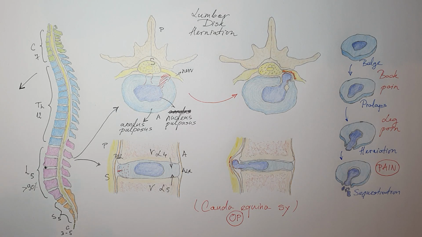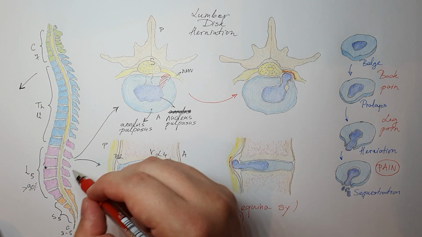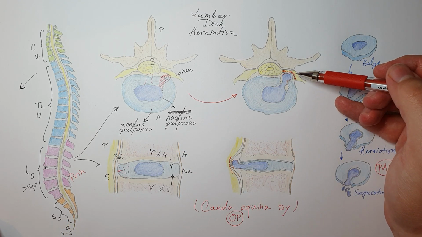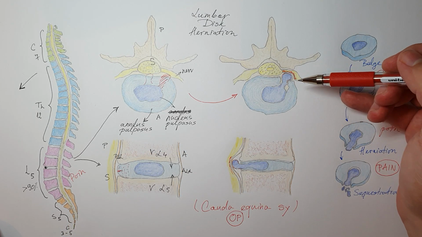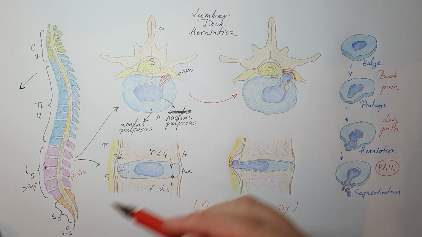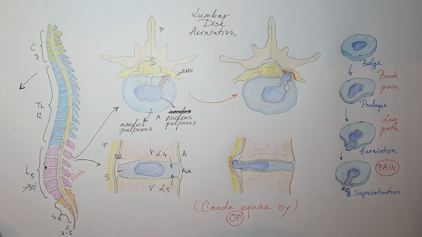The pain, if there is push on the nerve root, will be in the dermatome the nerve is supplying. So for example, if it is L5, then it will go around the leg into your big toe. But it doesn't need to. It can also be only on the upper part of the leg.